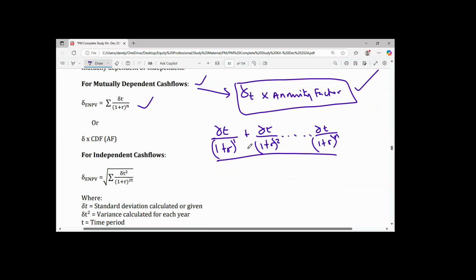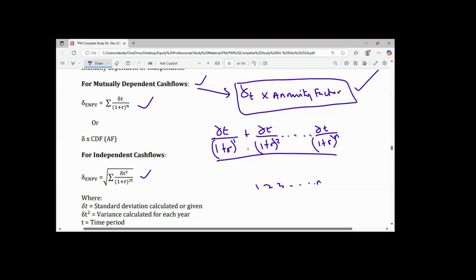So if you are given the same cash flow across all the years, year 1, year 2, year 3, up to the final year, it means that the cash flows are mutually dependent. But where you are given independent cash flows, that is, the cash flow of each year is different, the formula you are going to use to calculate the standard deviation of expected NPV is this one.